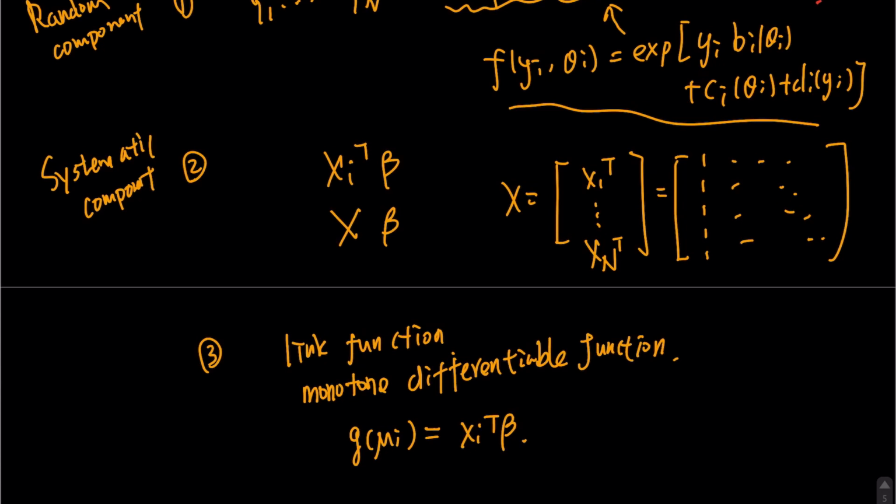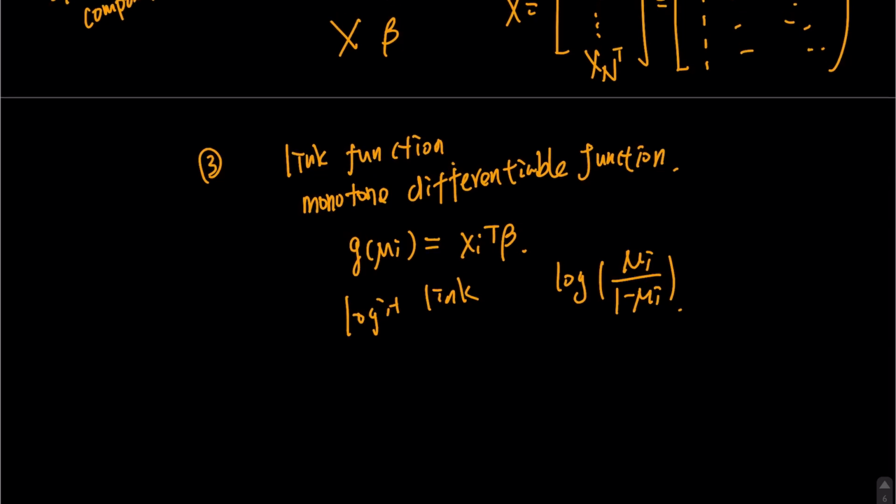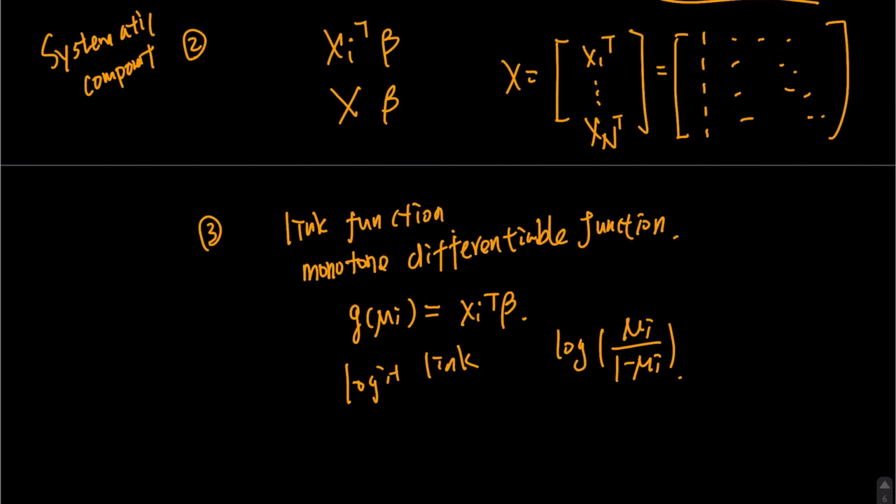Some examples of link functions include a logit link, which is essentially log of mu i over 1 minus mu i. And there are also a number of other links depending on what kind of exponential family distribution your random component follows. Okay, so that's the three components of the generalized linear model.